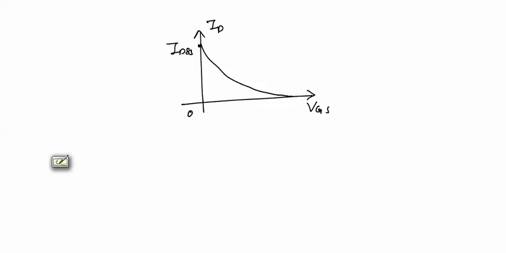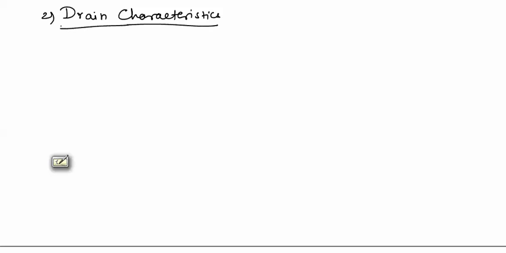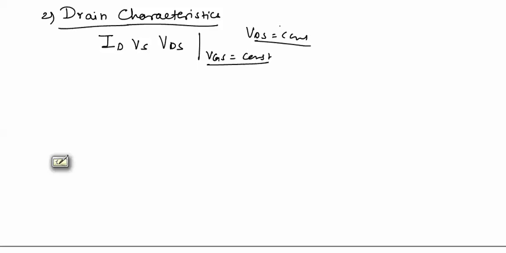Now we will draw drain characteristics for JFET. Number 2. Drain characteristics are plotted between drain current and drain to source voltage by keeping VGS constant. Earlier we kept VDS constant, and this time we will keep VGS constant.